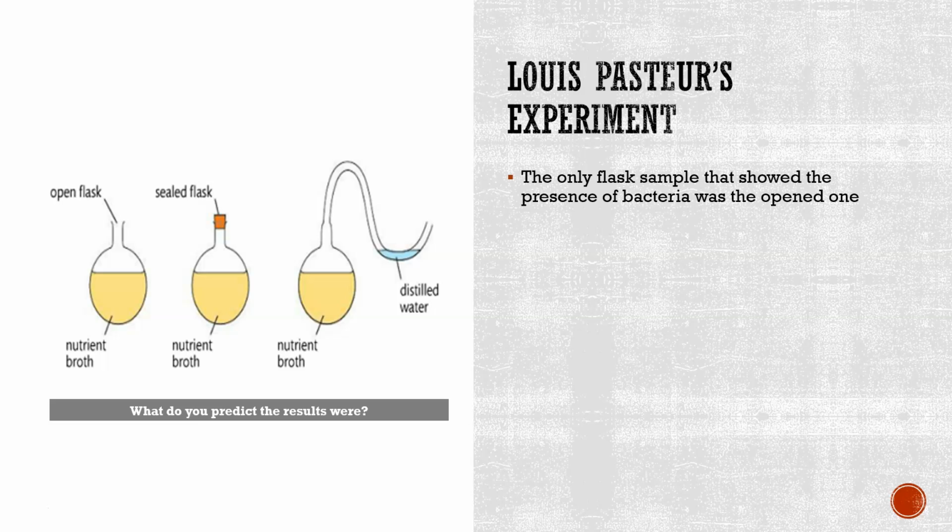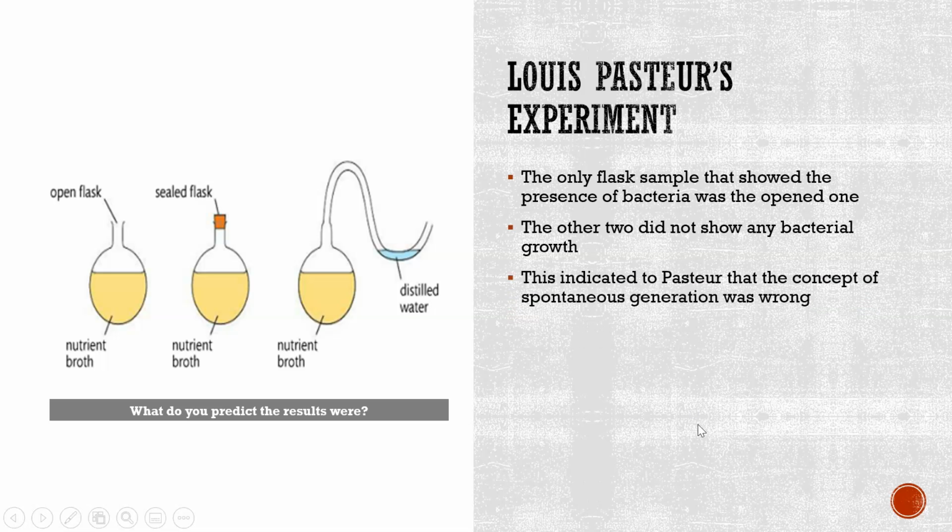The only flask that showed the presence of bacteria was the open one. The other 2 showed no evidence of any bacterial growth at all. So the sealed one and the one with the water in the U-bend showed no evidence of bacterial growth. This indicated to Pasteur that the concept of spontaneous generation was wrong.